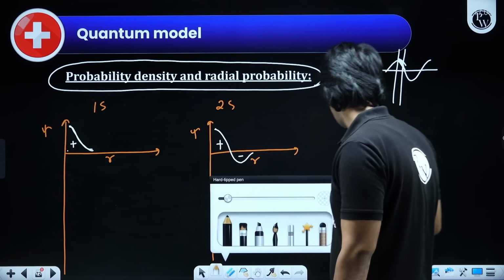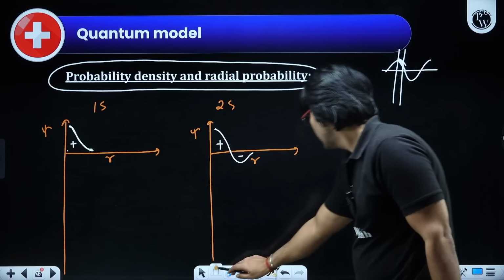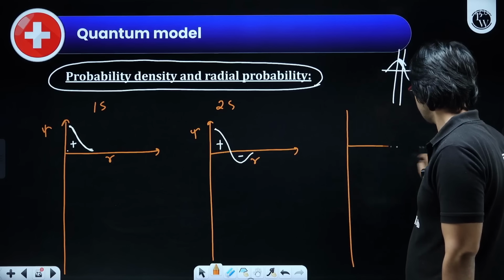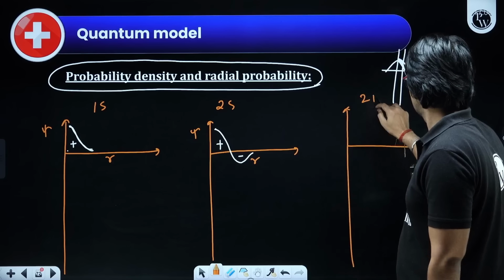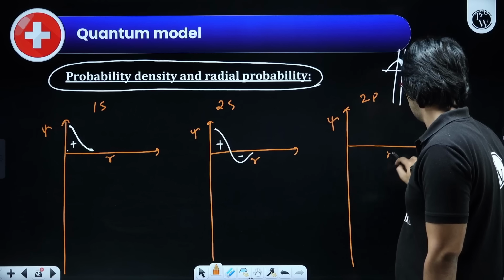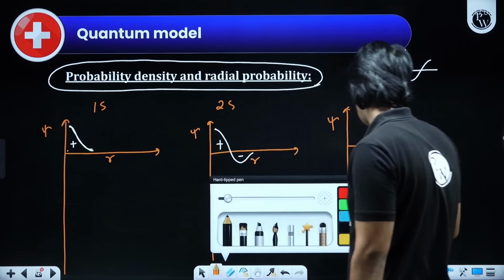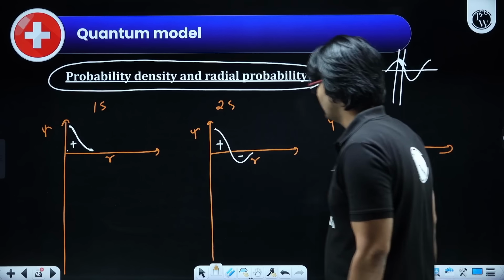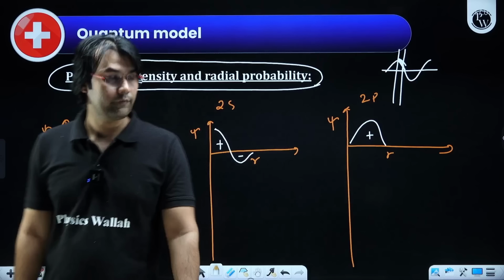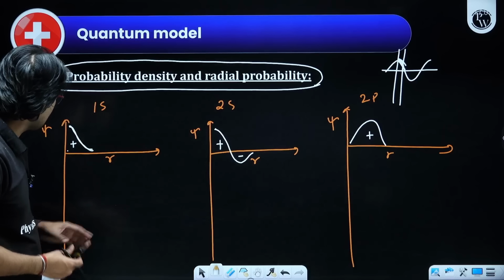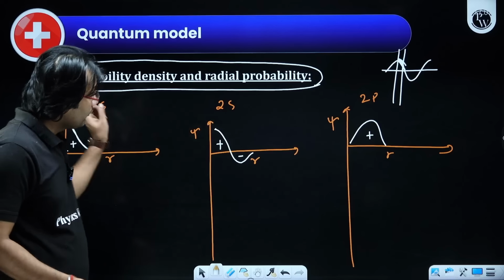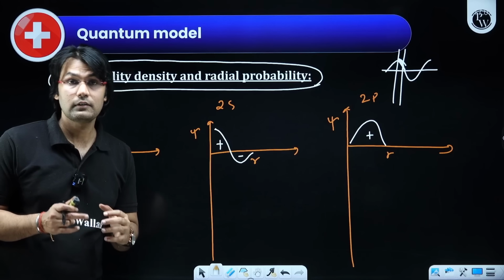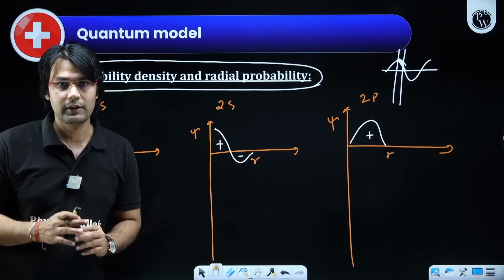And if you do it for the 2p orbital, the graph of psi versus r will be half of the wave, not quarter, like this, plus half. So these are the graphs of your wave functions psi for 1s, 2s, 2p orbitals. For these three orbitals, you need to remember these graphs because they will directly ask this in your examination.